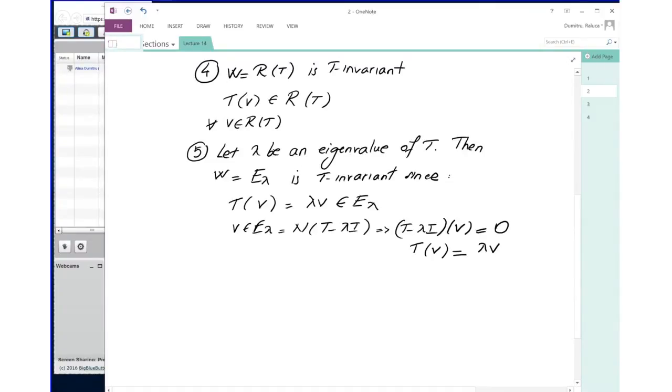And then you take the span. So I'm taking all the possible linear combinations of such things. Being a span is automatically a subspace, right? The span of any set of vectors is a subspace.